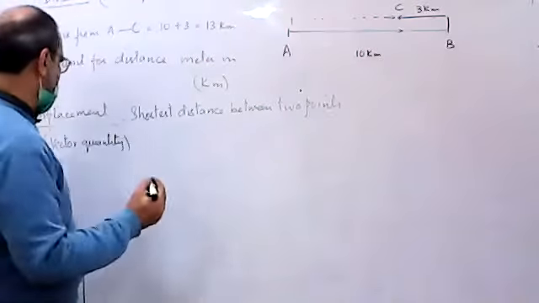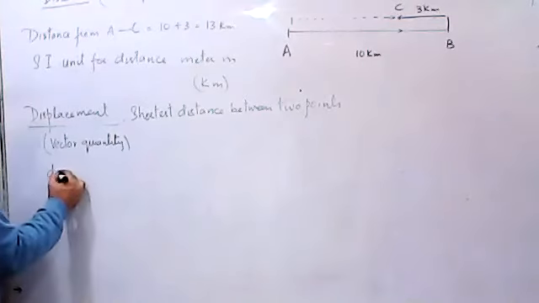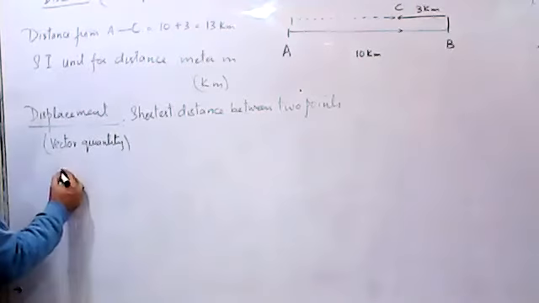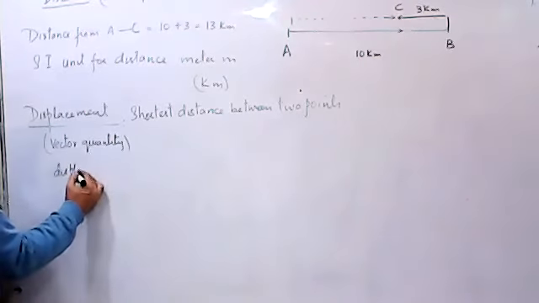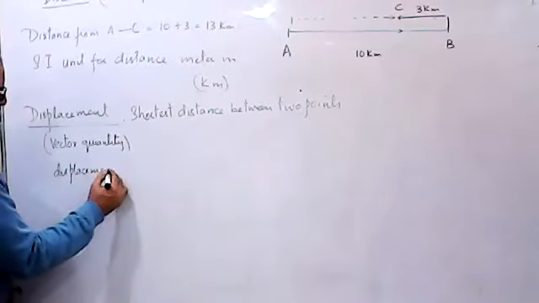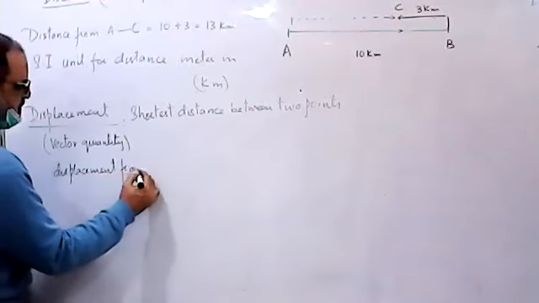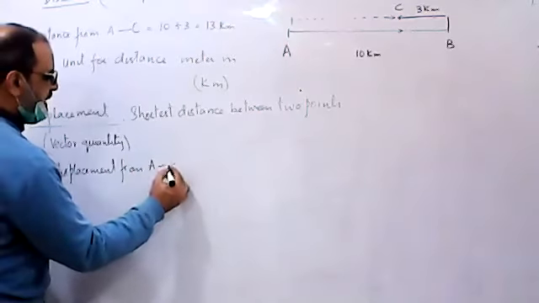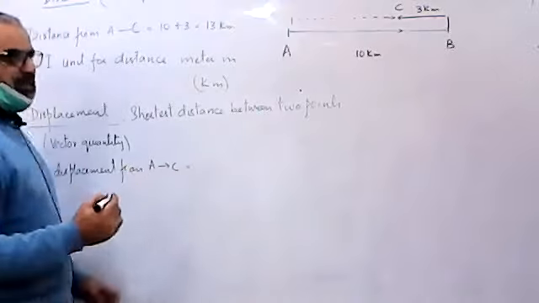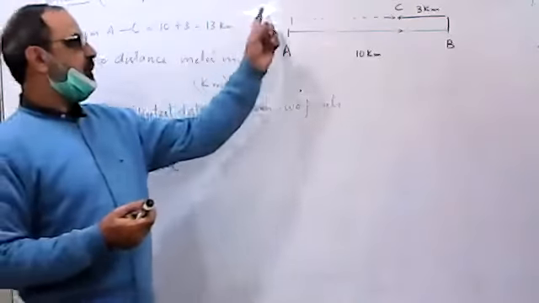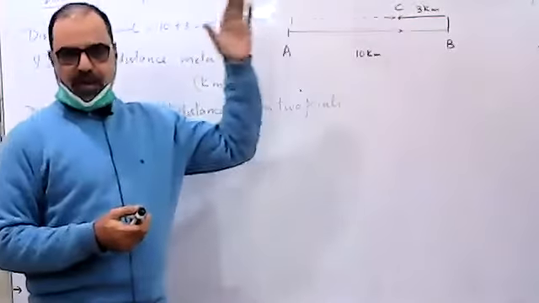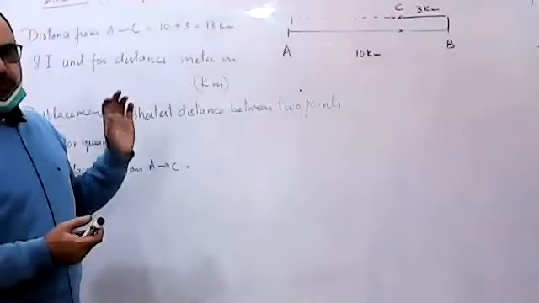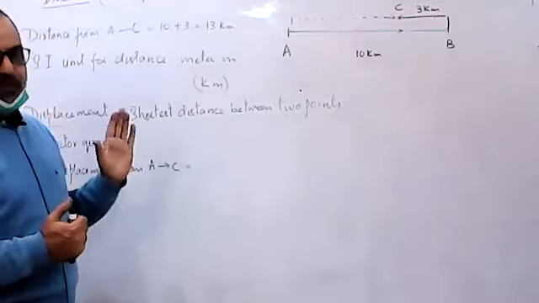When we say displacement from A to C, it means we are traveling in the direction from A to C. So we have to be careful about the direction as well. We have to consider the direction as well.